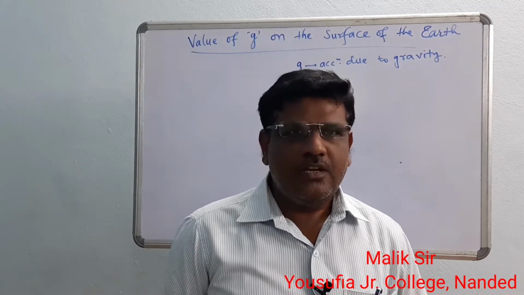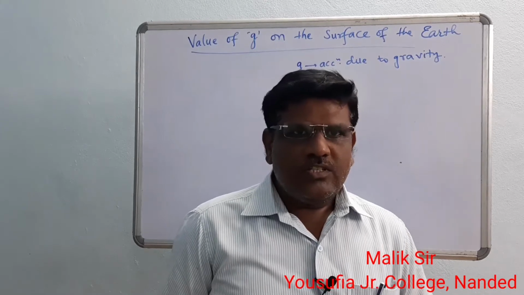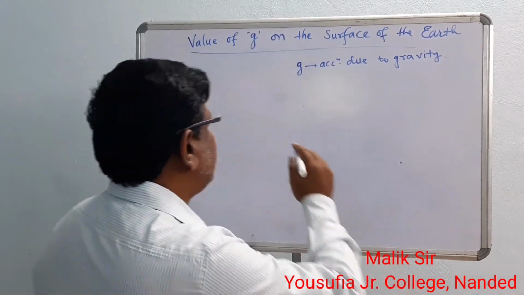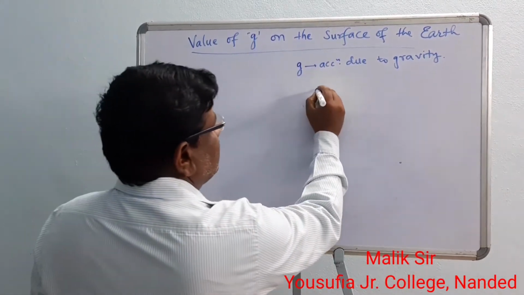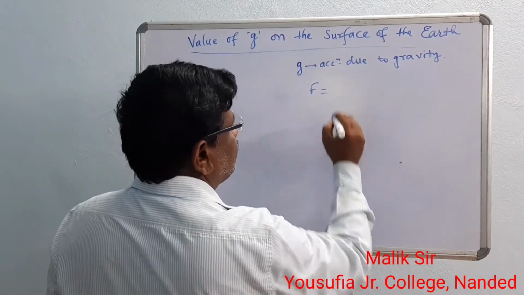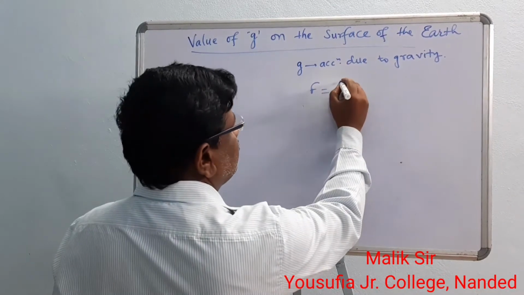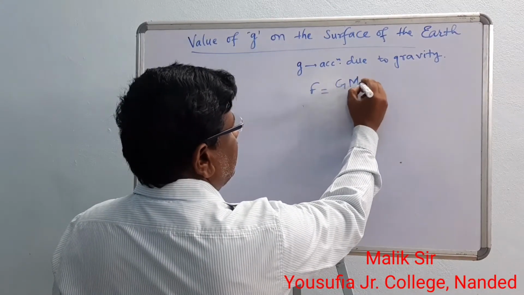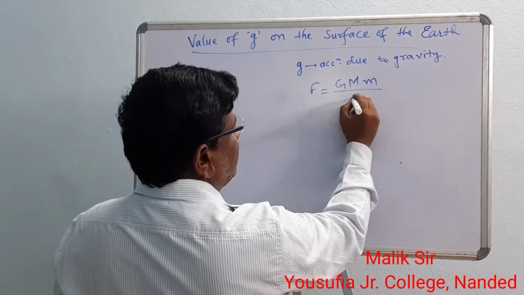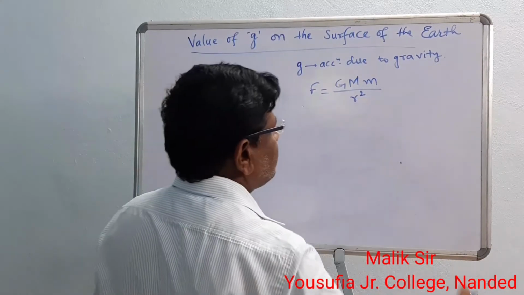Newton explained in his universal law of gravitation and obtained a formula for the force, F equal to capital G M m divided by r square.